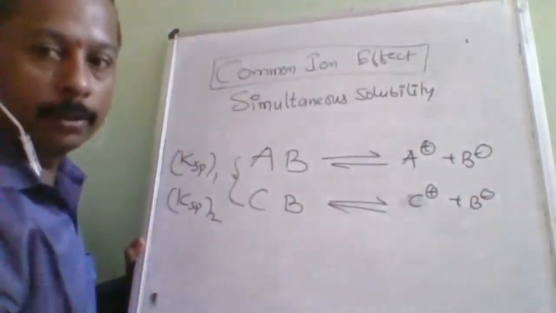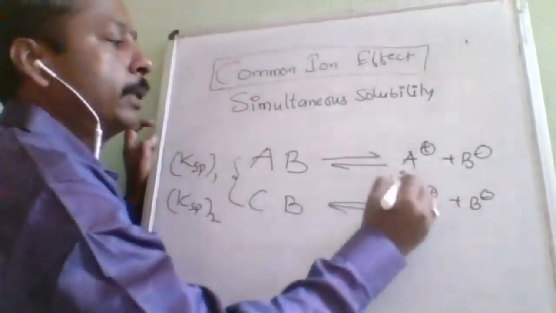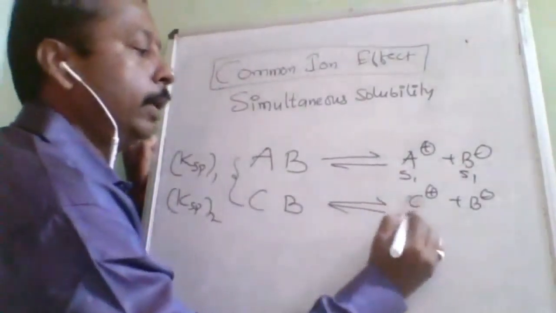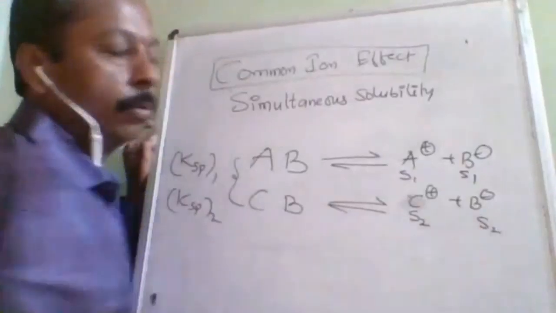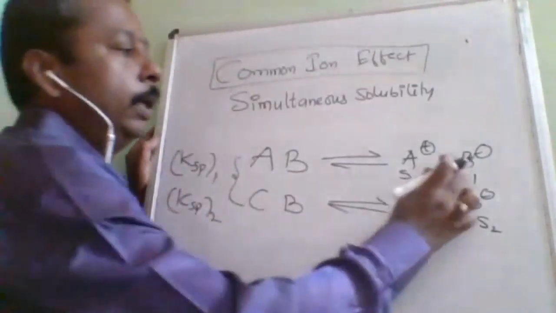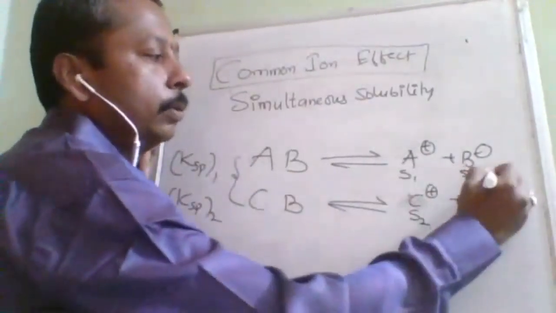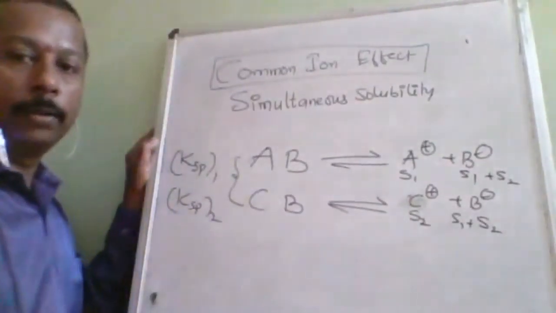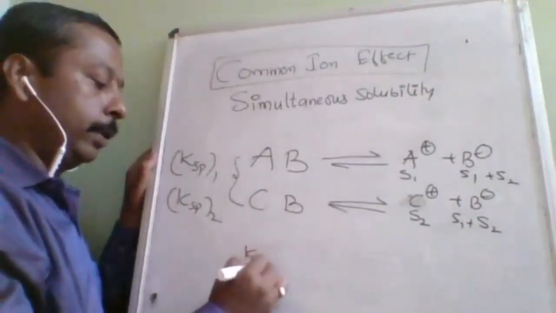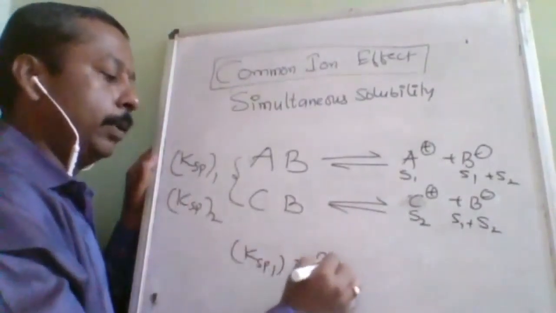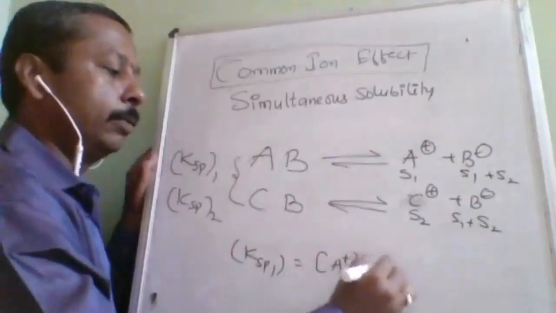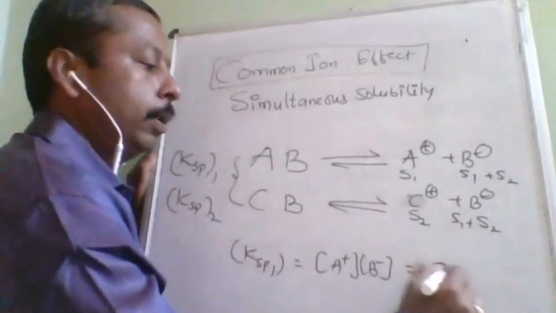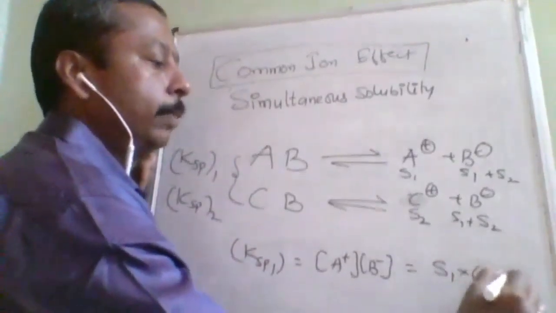In simultaneous solubility, let us take S1 for this and S2 for this. So if it is S1, S2 is also provided by the second salt, and S1 is provided by the second salt. So KSP1 is equal to the concentration of A plus into the concentration of B minus, which is S1 into S1 plus S2.